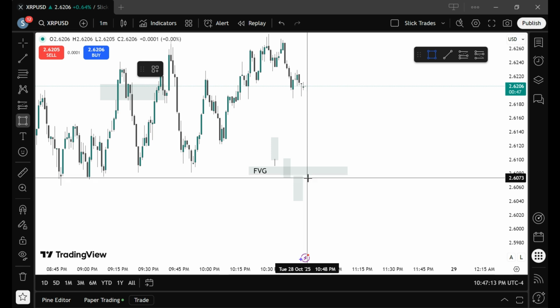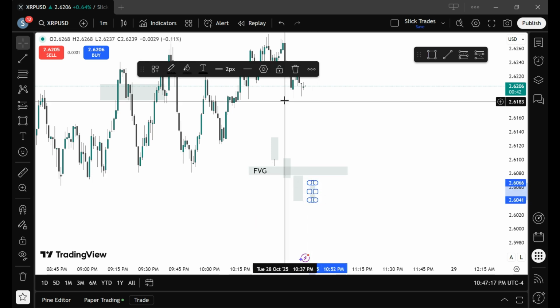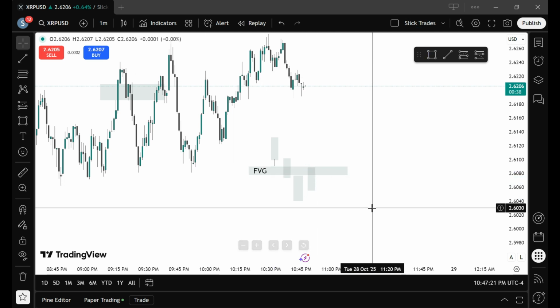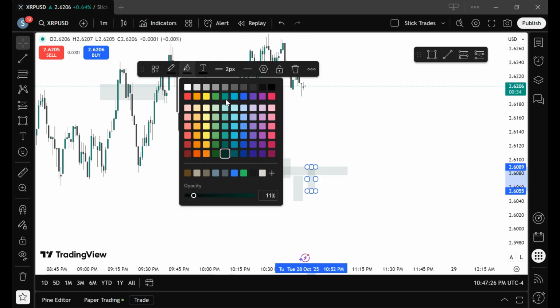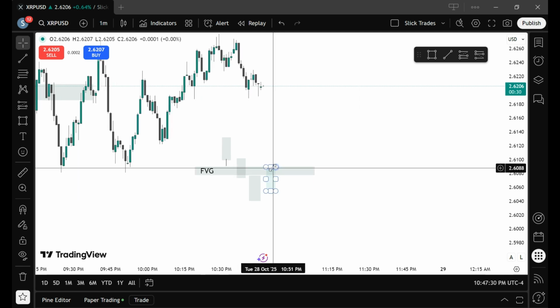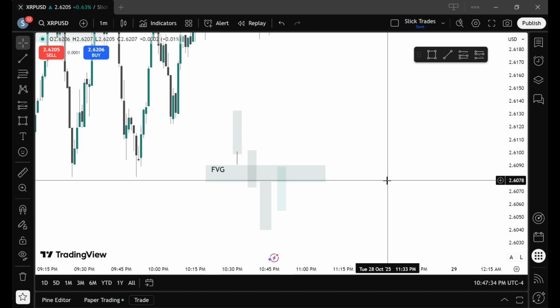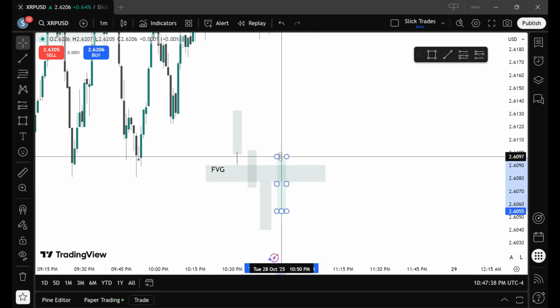We're going to inverse that fair value gap. Now, key component. Notice how this candle didn't close above the fair value gap. So I'm not going to take my entry yet. You want to wait for that candle to close like this.